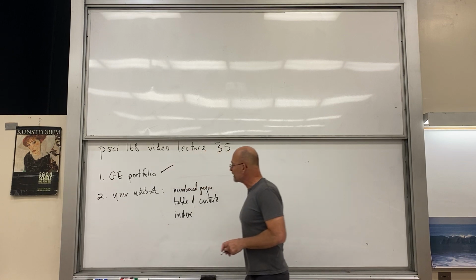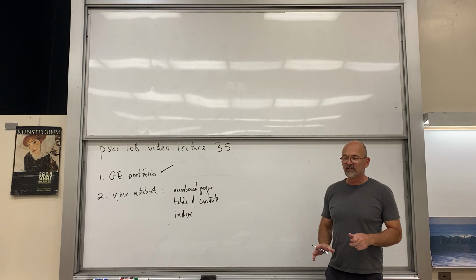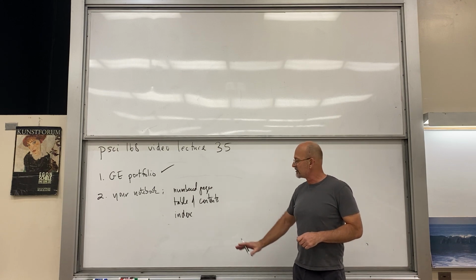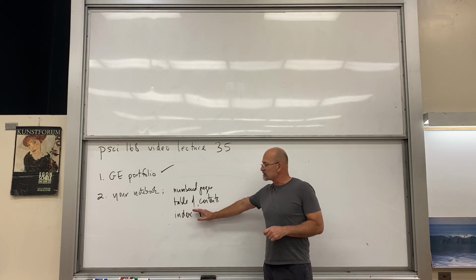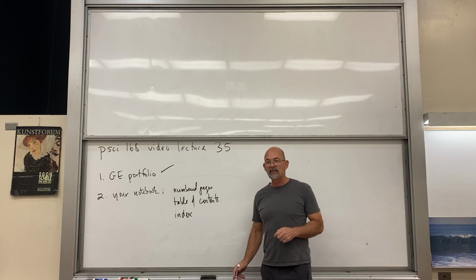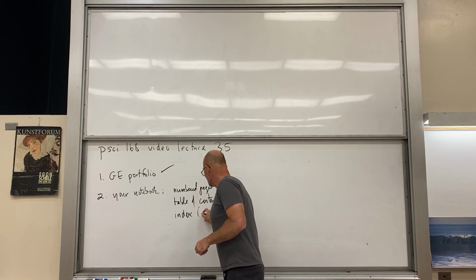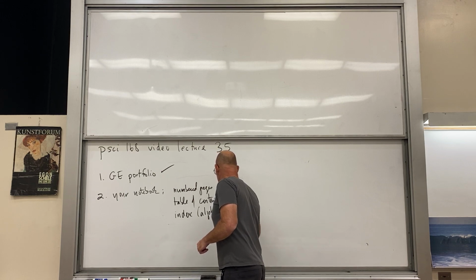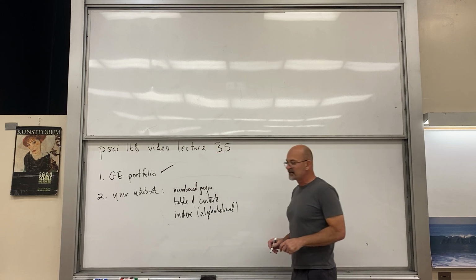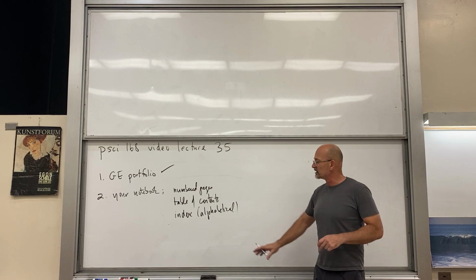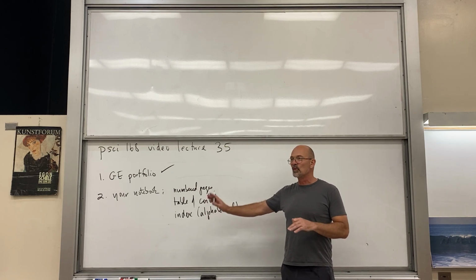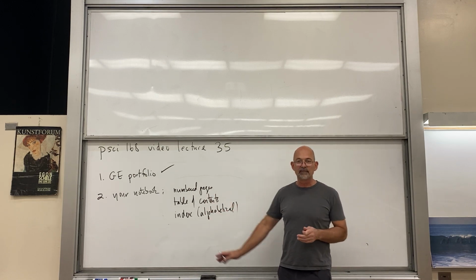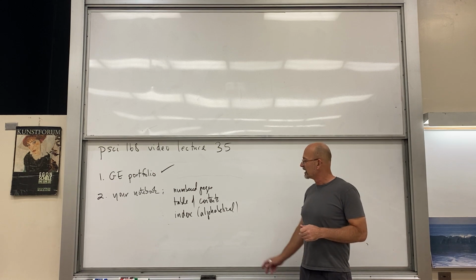So at the end of your notebook, when all is said and done, you can have an index page, which is just like an index in any book. An alphabetical list of names and vocabularies and concepts, whatever's important.